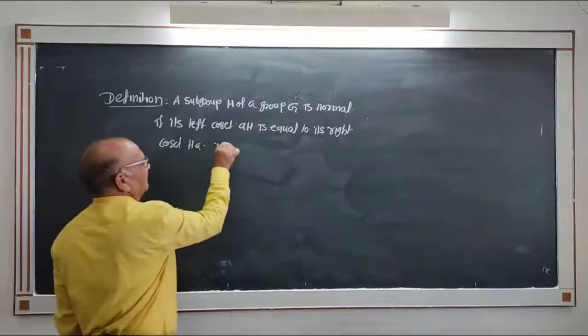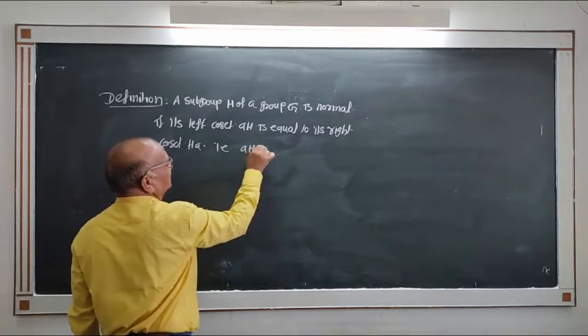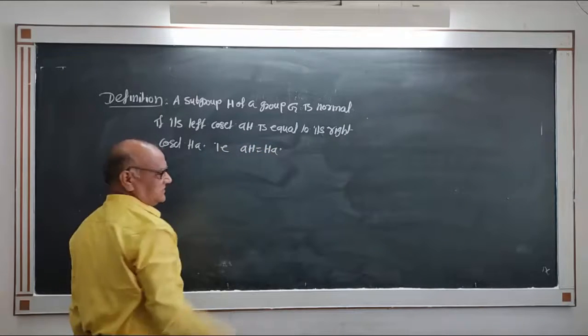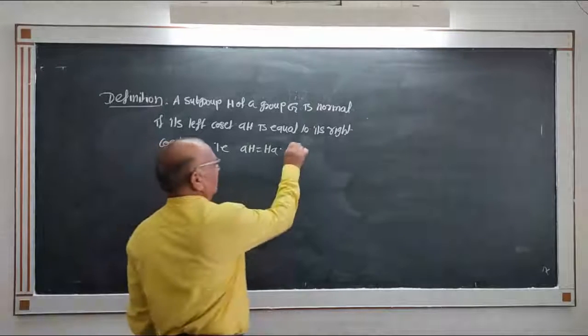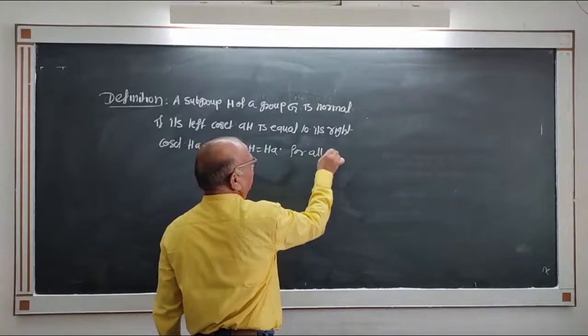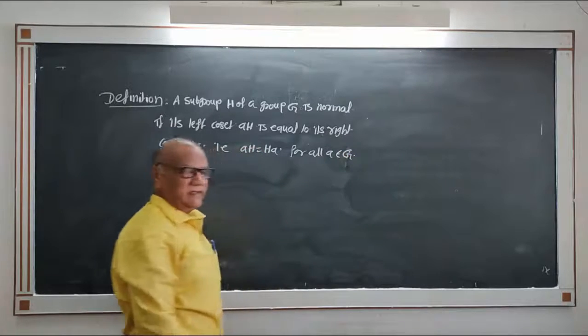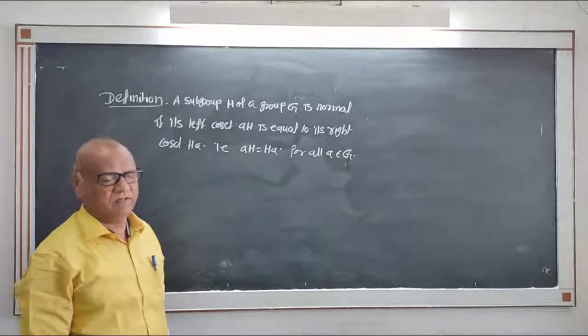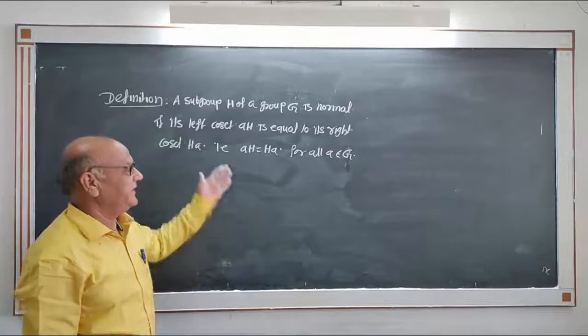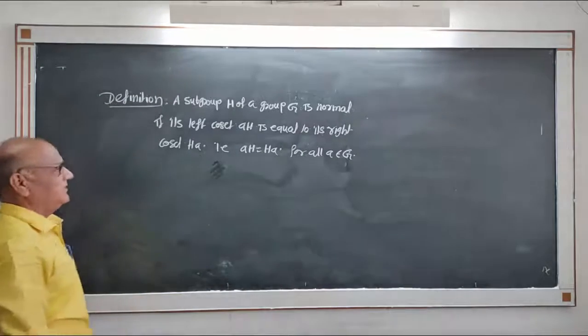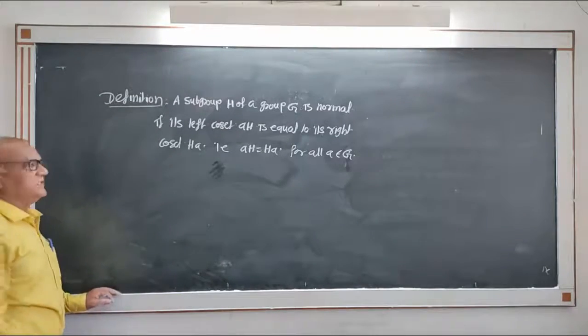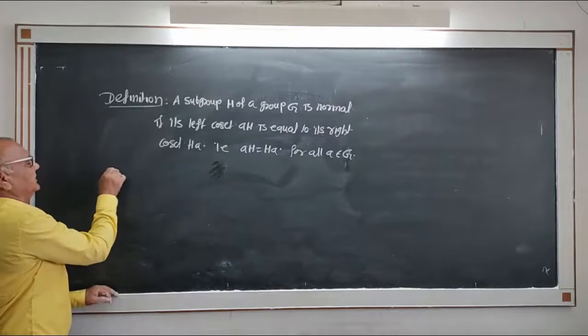That means aH is equal to Ha for all a belongs to G. Then H is normal. Every left coset is equal to right coset.